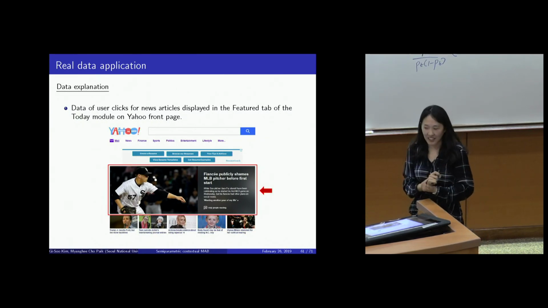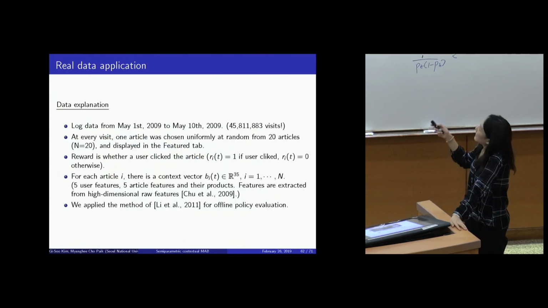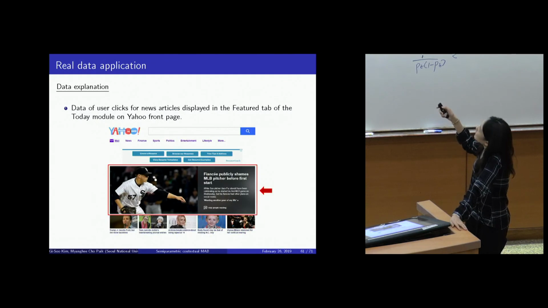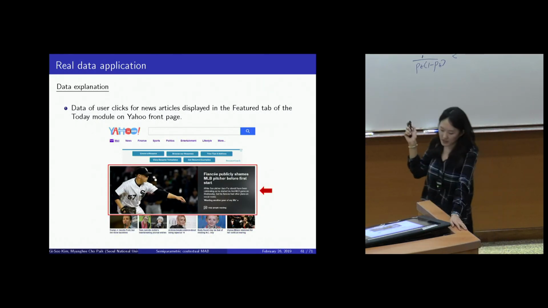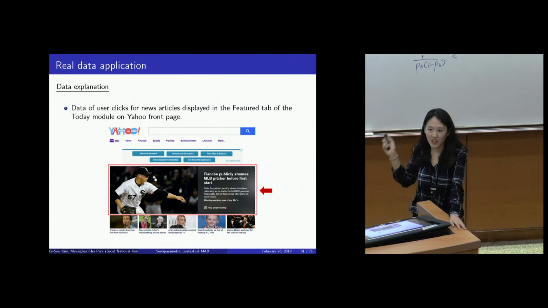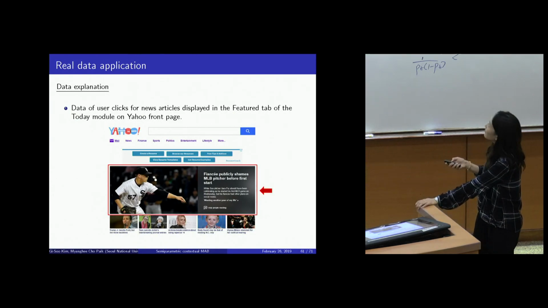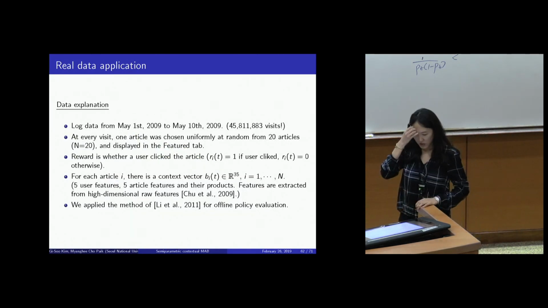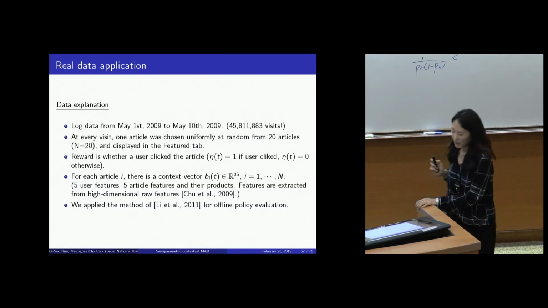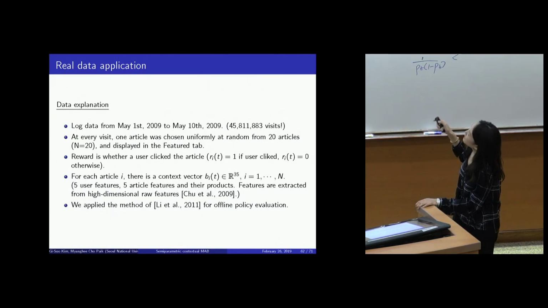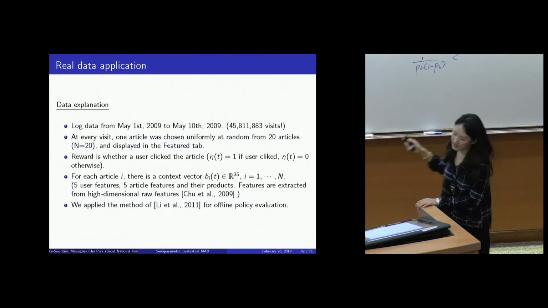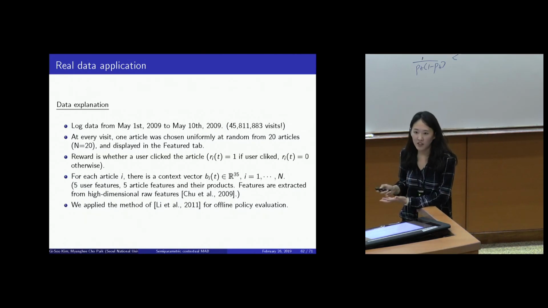This is the final section of my presentation. I applied the proposed method and also the existing method to the Yahoo data, which is the data of user clicks for the news articles displayed in the feature tab of the Yahoo front page. This is the same data that Professor Ri-Sung used for application. The data is log data from May 1st to May 10th of 2009, corresponding to 45 million user visits.